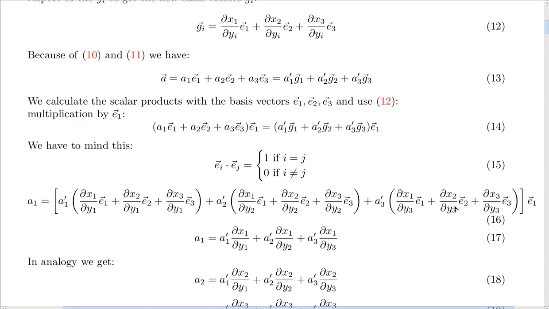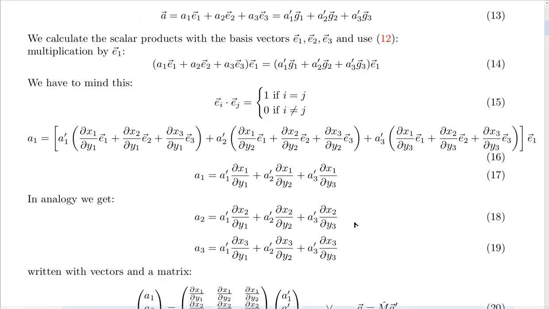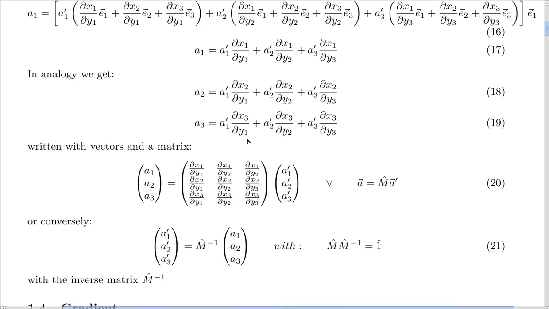In every big term here, the second and third addend vanish because of unequal indices, and only the first one remains in the equation. So that gives for A1 this equation here, 17. And in analogy, we can calculate the other two components, A2 and A3. Okay, then we have the three equations.